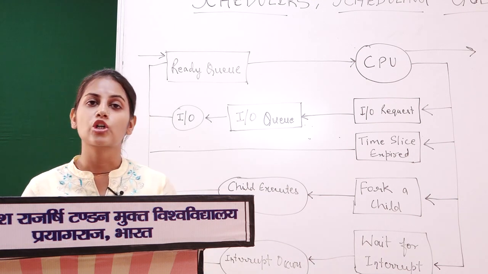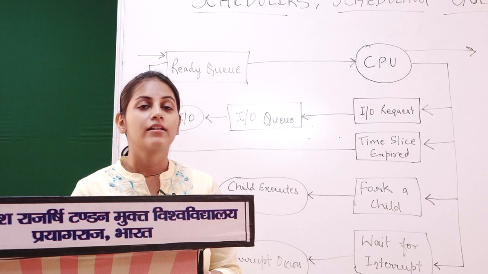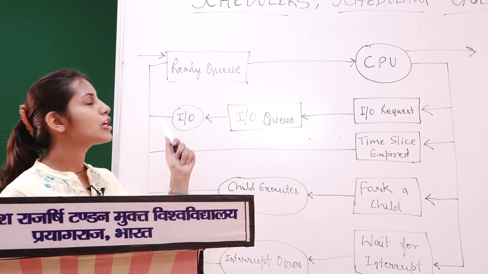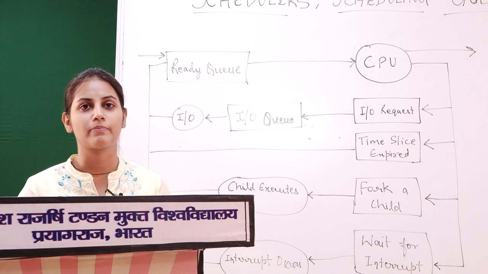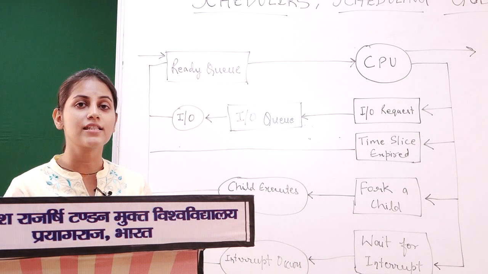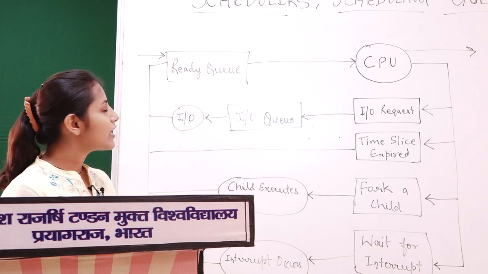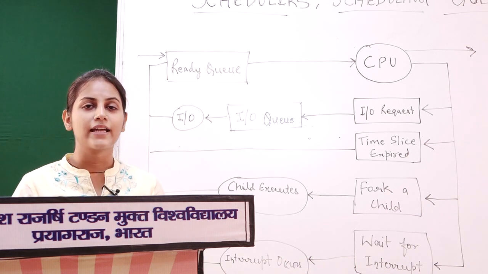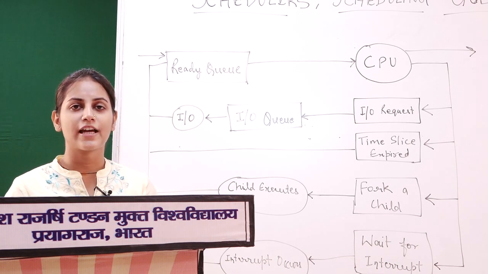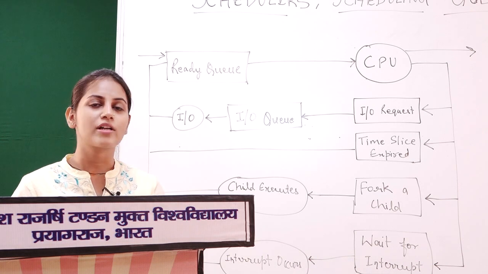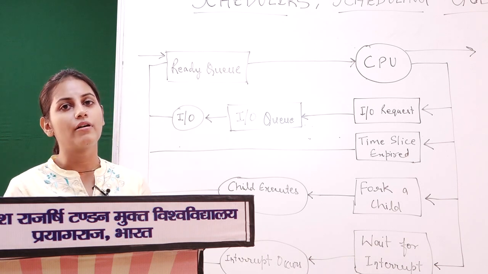Then comes the short-term scheduler, whose task is to select some process from the ready queue for execution. As we have discussed, short-term scheduling algorithms are different, and the main idea is to keep the task of selection as simple as possible, so that the processes can be selected quickly for execution.